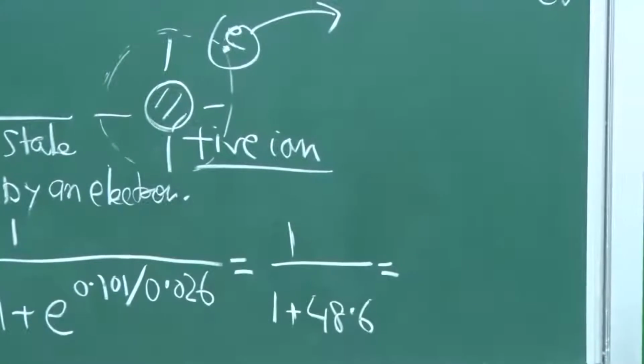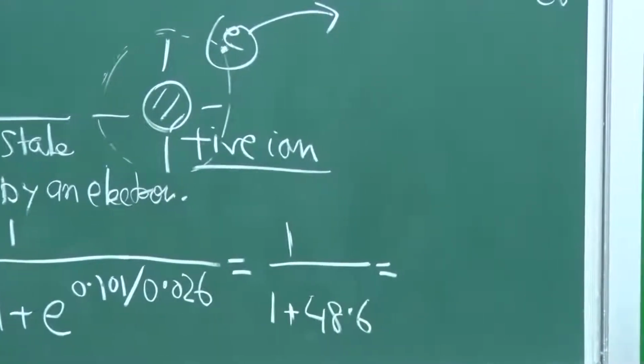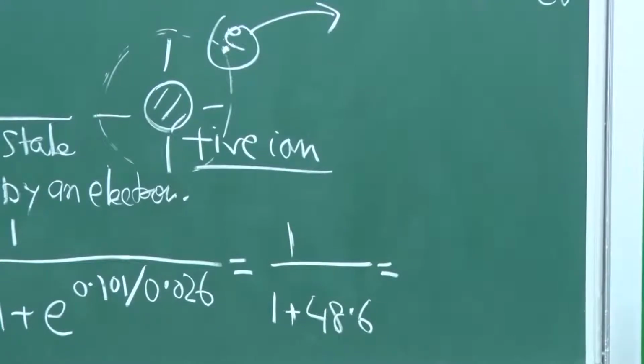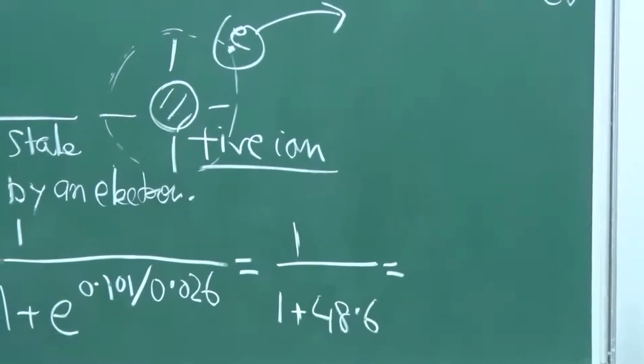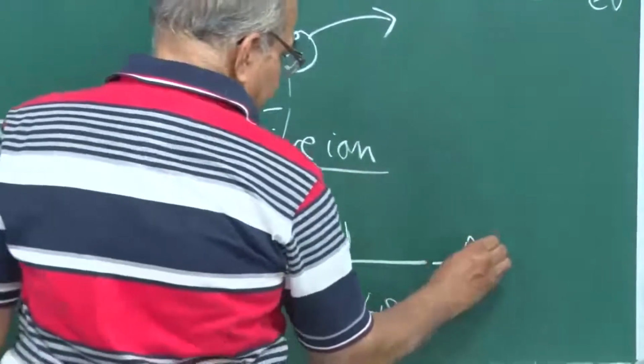But still let me do that: 1 divided by 49.6 equals 0.0201, so almost 0.02.